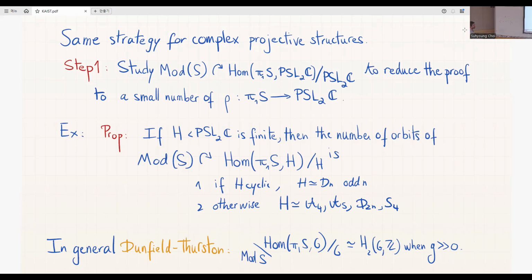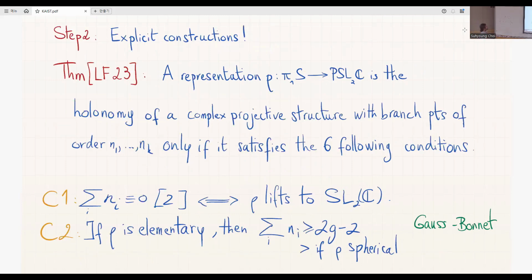But this is only true when the genus of your surface is big enough, and there is no control on the genus you need for this theorem. So if you want a theorem that works in any genus, you have to work. And I think if you were to change H for an arbitrary group, there is still no control on the genus you would need for this bijection to hold. The second step is explicit constructions that are kind of the same as the ones I showed you before.